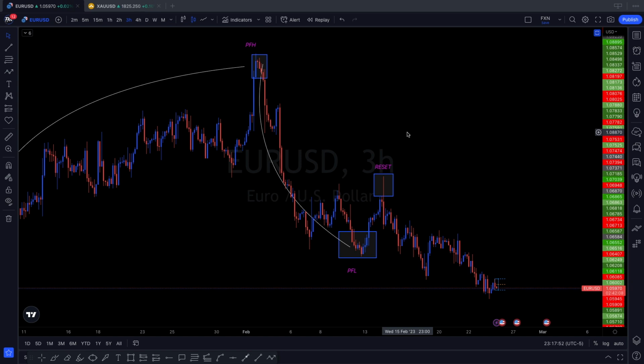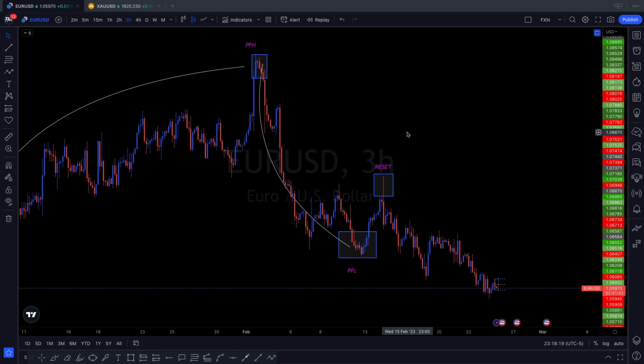So let's break down a trade setup that was taken during the US session, and that way you can understand how I try to keep everything that I do within my trading as simple as possible so I can avoid emotional decision making and also avoid taking losses when I don't need to.